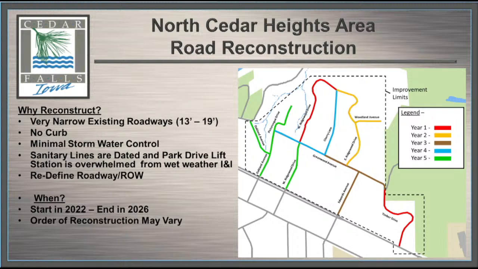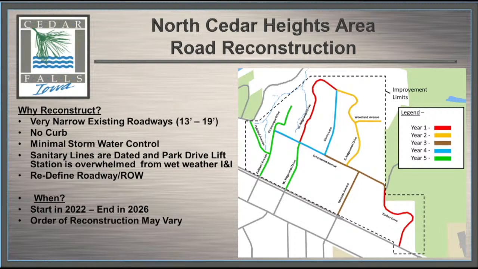So at the time of reconstruction, when we reconstruct these roads, we're going to be doing home investigations to see if illegal connections exist and if we can get those taken care of. We plan on starting this project this year, year one with the reconstruction.